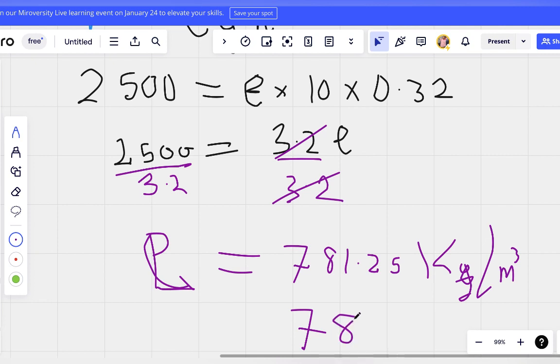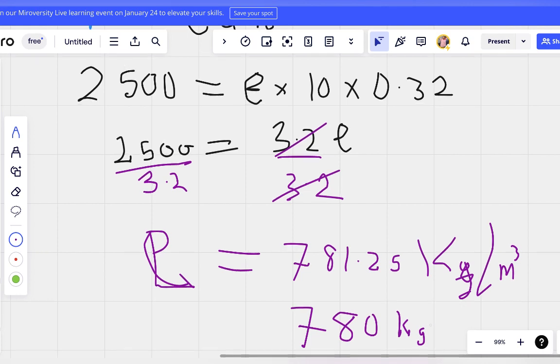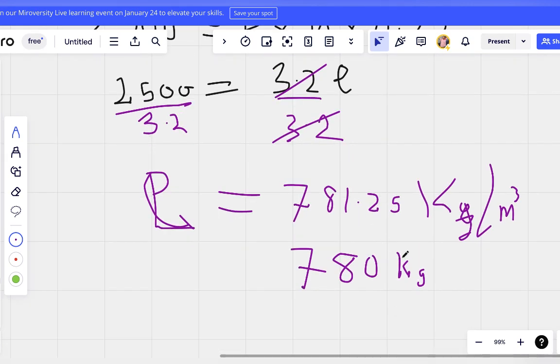But whether you leave it at 781, it's correct, it's the same thing. Cambridge likes to approximate numbers. Any of these is okay. So that's that for the density that they've asked us to calculate.